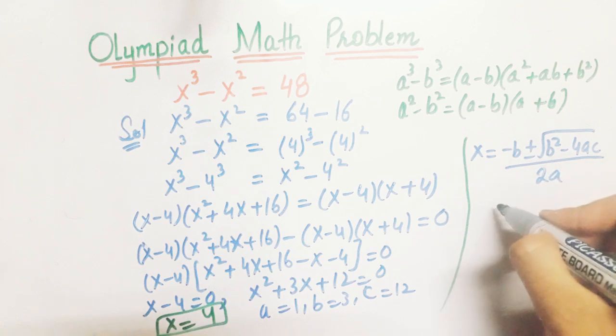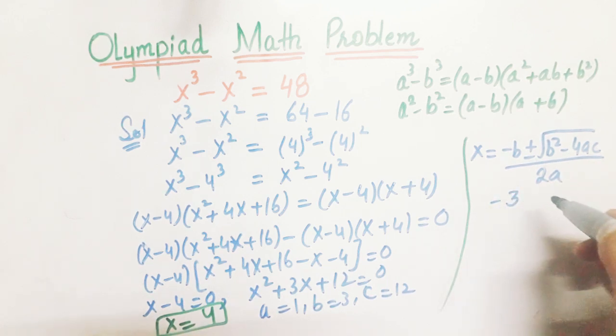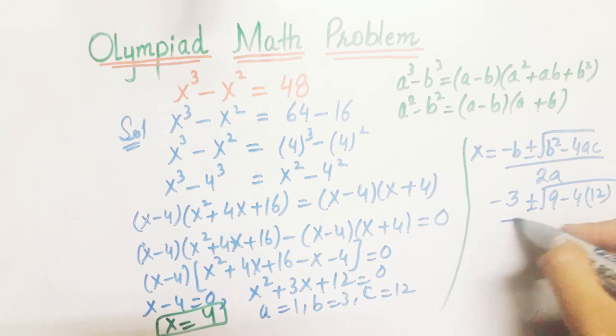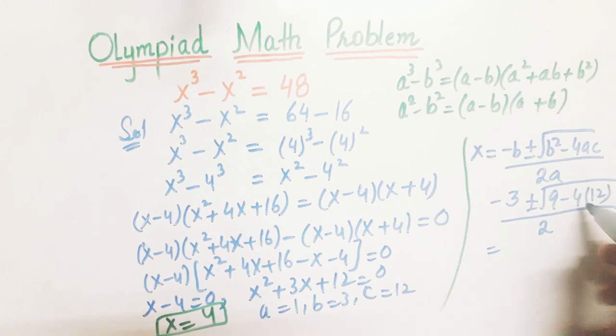So this will be minus b, meaning minus 3, then plus minus square root of 3 square, that is 9, minus 4 into a, which is 1, and c is 12, divided by 2. So this will be 9 minus 48.